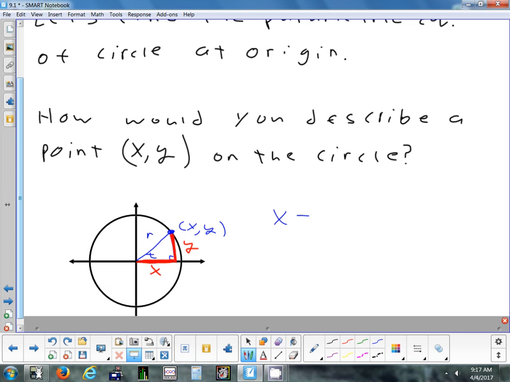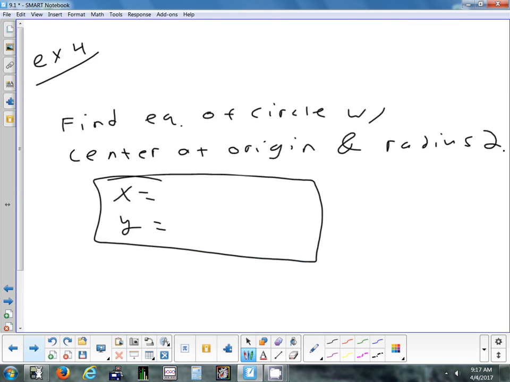So if you wanted to write a formula for x, it would be r cosine theta, or r cosine t. And y would be r sine t. That's the formula for the equations of a circle, just using right triangle trig. So, if I asked you to write the equation of a circle with a radius of 2, what would be the x equation?